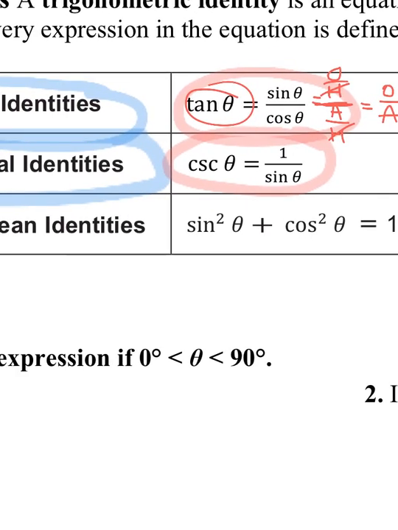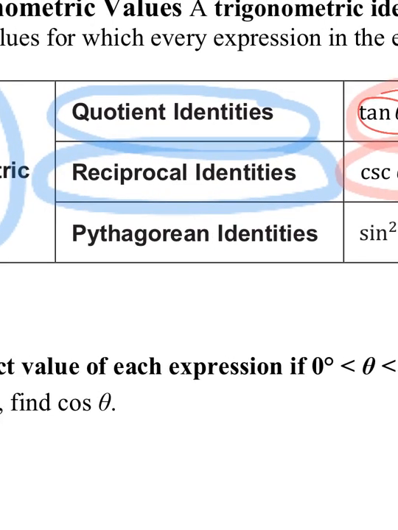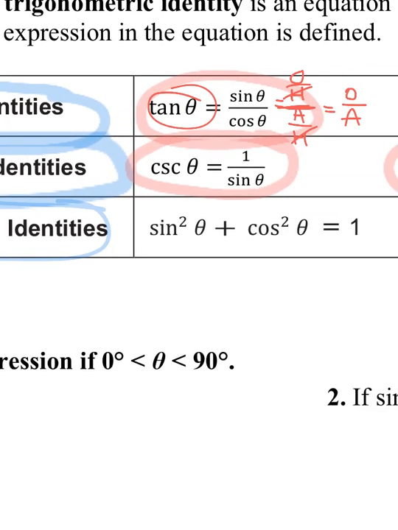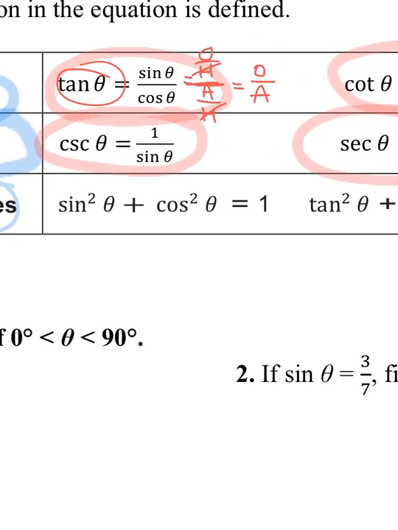All right, now for this lesson, I actually want to focus a lot on these Pythagorean identities. So these, I believe, are brand new for you guys. All right, and our Pythagorean identities, there's three of them. The first one is that sine square theta plus cosine square theta is equal to 1.